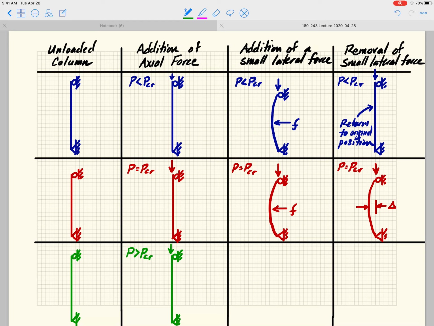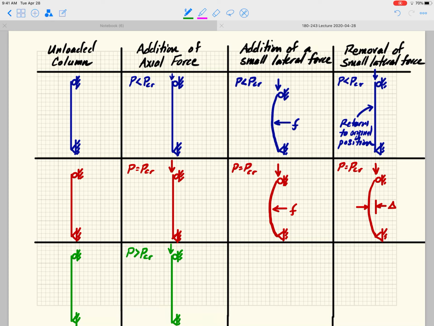So you might have started to intuit that, in fact, this is now an unstable situation. I have put it there, and I'm just waiting for anything, something to cause this to begin to kick out. Because as soon as it starts to kick out, that P critical times that little delta is going to create a moment that's going to cause it to kick out more, and it's going to become unstable.